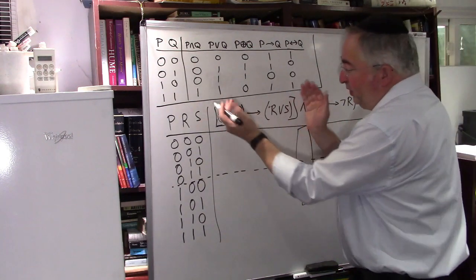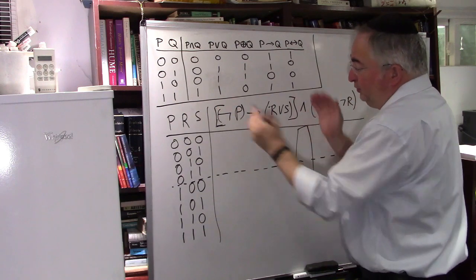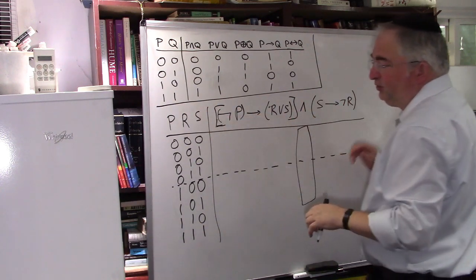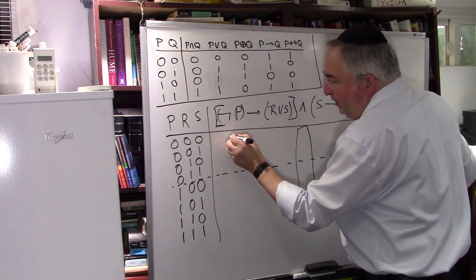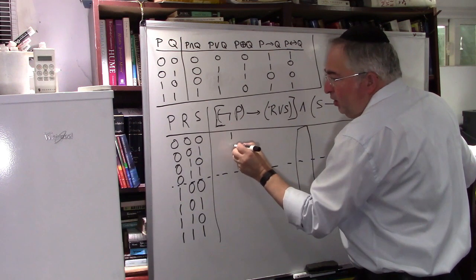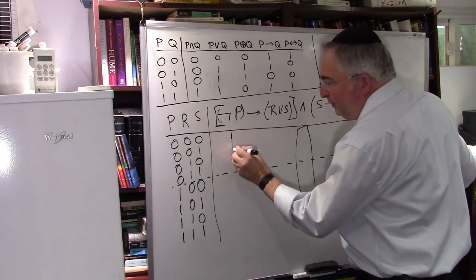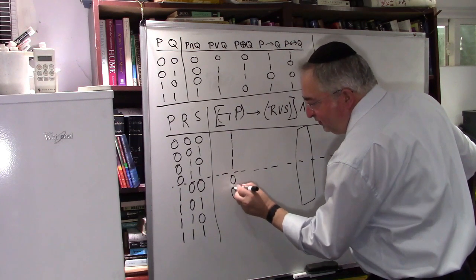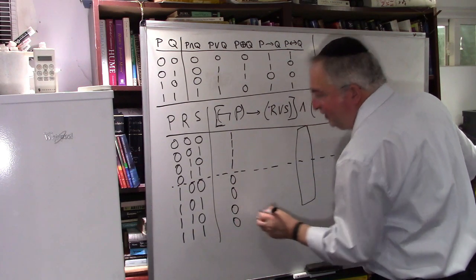But let's do not P first. Not P is simple. Here's P. I'm going to do not P: 1, 1, 1, 1, four ones, and then 0, 0, 0, 0.